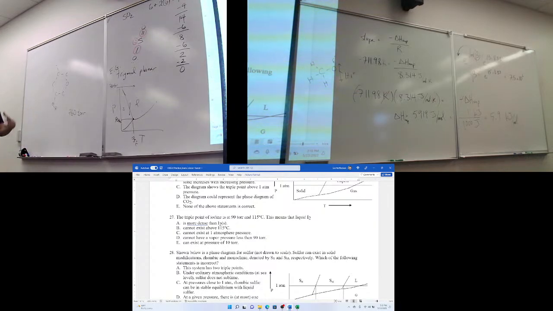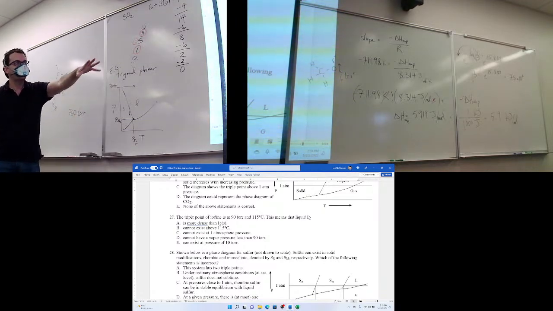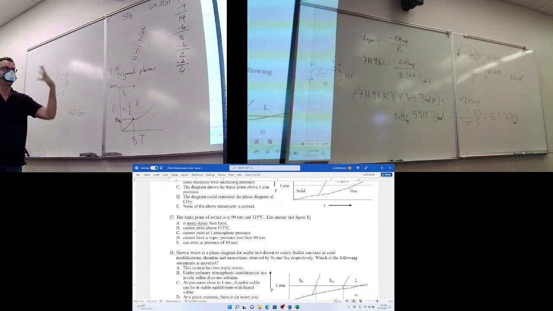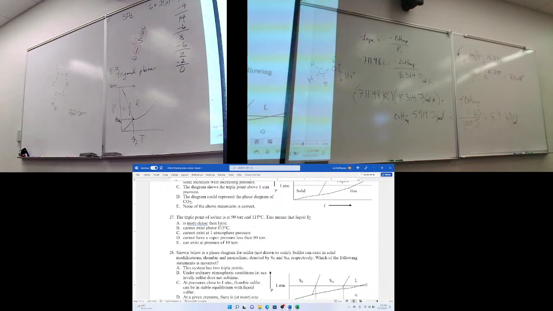But basically, there is a minimum vapor pressure that a substance is going to have, and it is tied to the triple point. Since the triple point of this substance, iodine, is at 90 torr, there is no way to have a vapor pressure that is less than 90 torr. This is going to be the minimum vapor pressure for this substance.